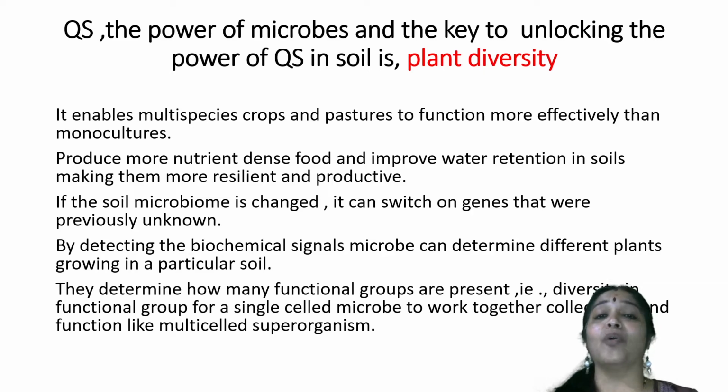When the microbial diversity increases, it functions more efficiently. When the microbial diversity is more, quorum sensing is more, and it is more of an advantage to the physical structure of the soil, which will definitely support the plant, and it is almost like you have control over climate change. These are the factors.